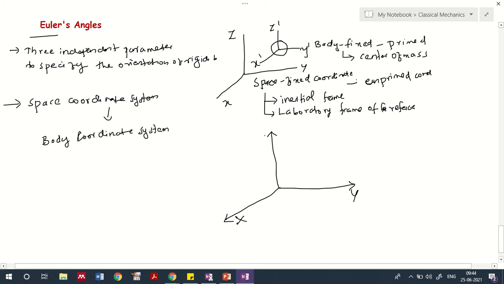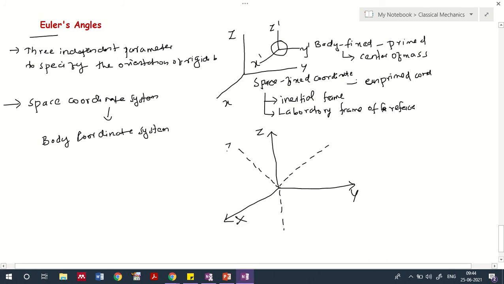This is the space fixed coordinate system. From this space fixed coordinate system, you need to generate a body fixed coordinate system, which is represented by the dotted lines here, as you can see.